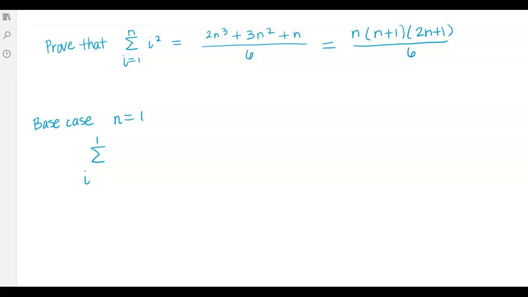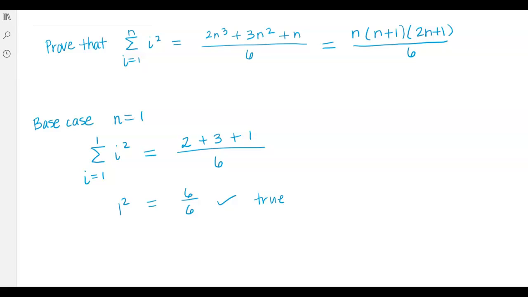So putting a 1 up here, I want to show that if I plug 1 in, let's use this version here, this equation will be true. So here I'd have 1 times 2 times 3 over 6. The only number I'm plugging in here is 1, so 1 squared is equal to 6 over 6. Yeah, that's true.